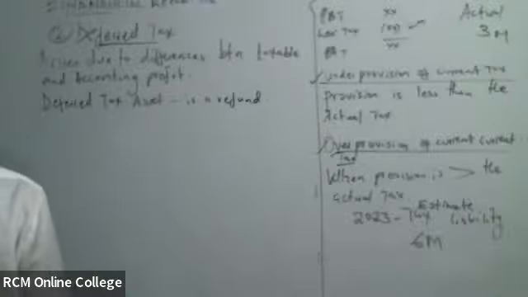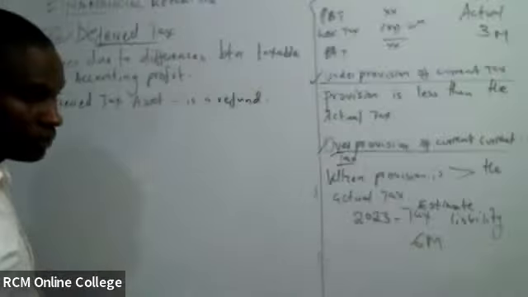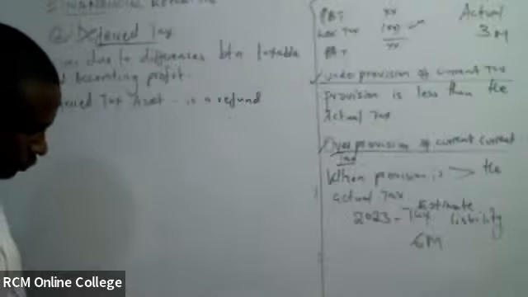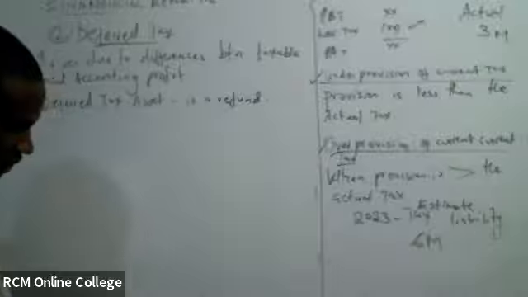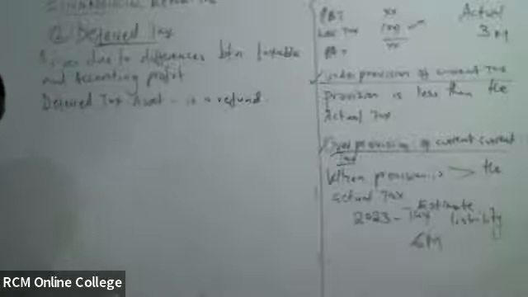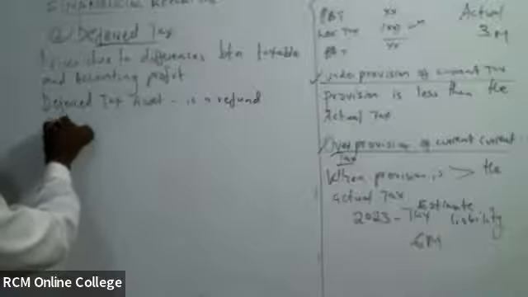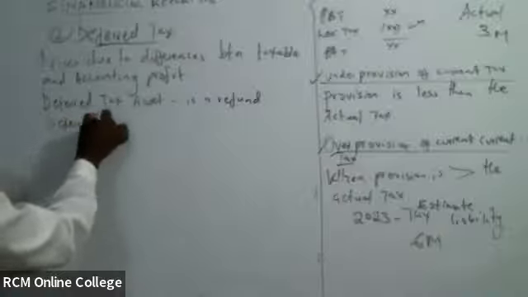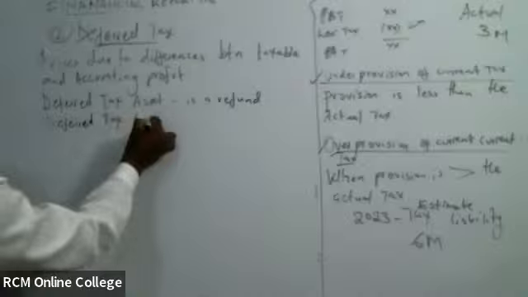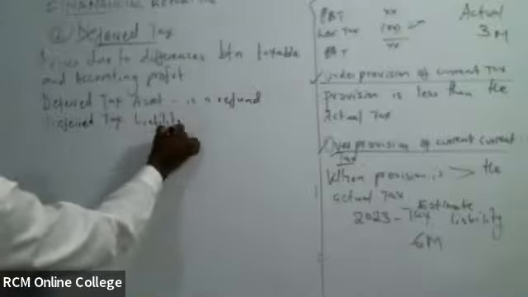Deferred tax liability, of course, that will be a liability. So we have deferred tax asset and deferred tax liability, which is payable. Deferred tax liability, as the name suggests, is payable.